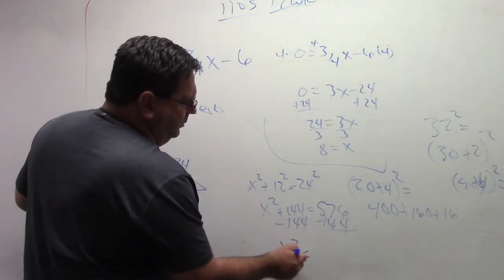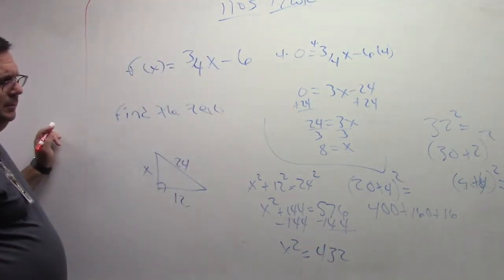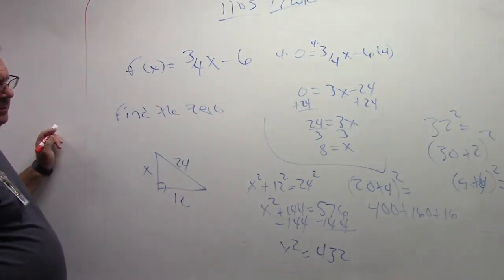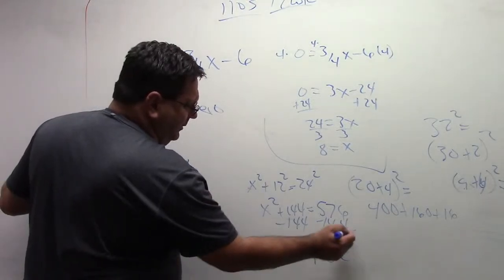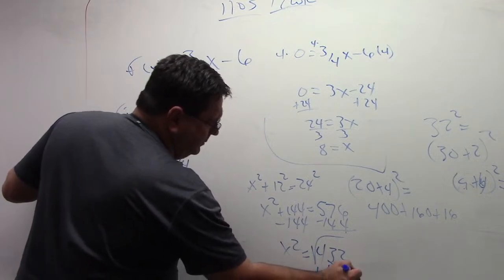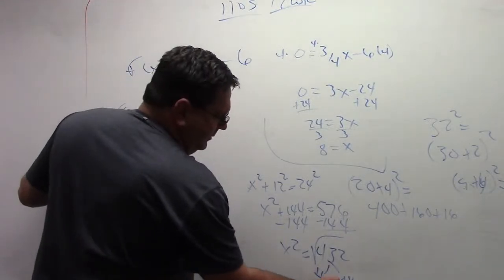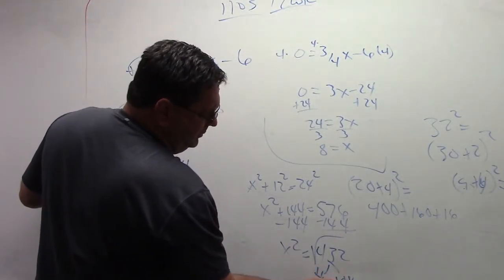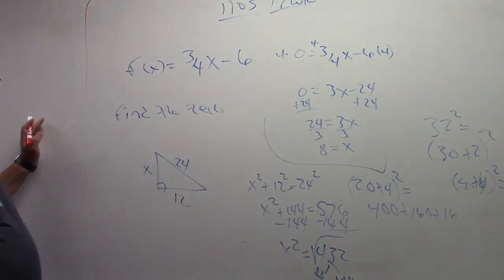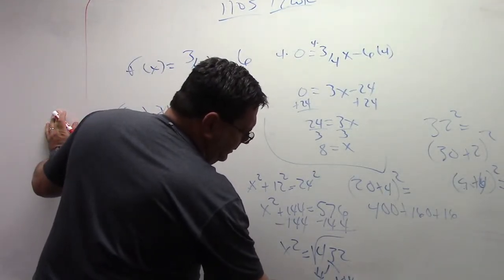So x squared is equal to 432. Now, I do have a little bit of an issue. This is 4 times 108, yes? And that's 4 times 27, is that right? So 27 is 9 times 3.